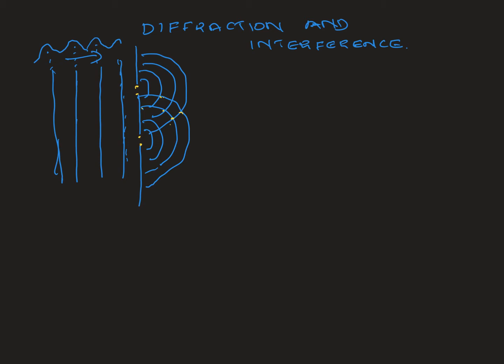So what is constructive interference? If you have a wave like that, and another wave with the same wavelength and in phase with that, the resultant wave will be something like that.